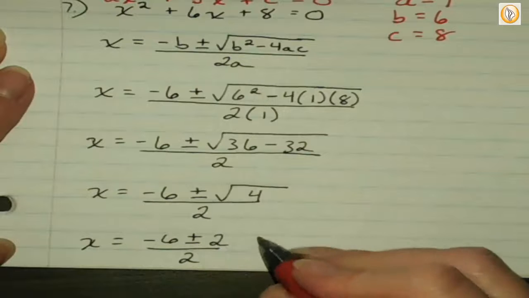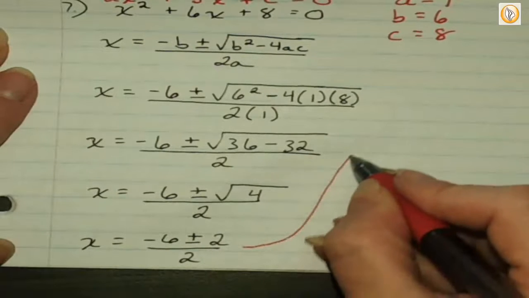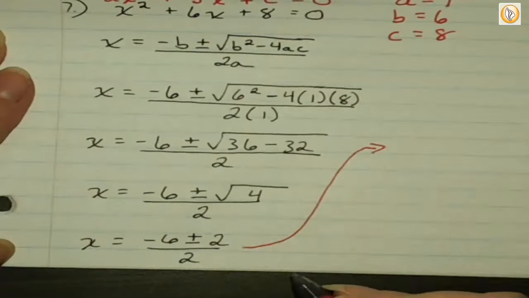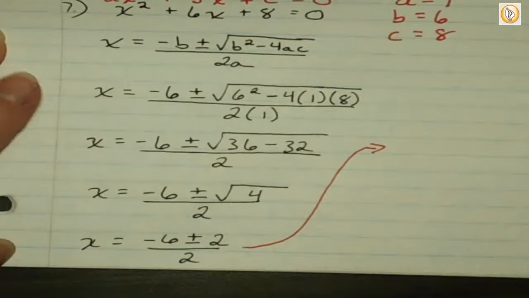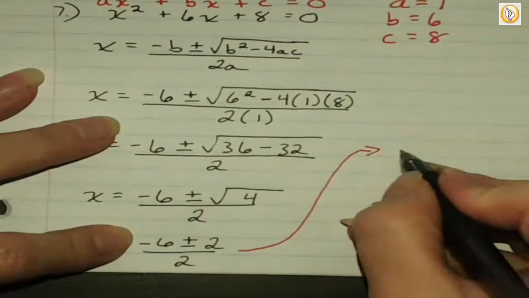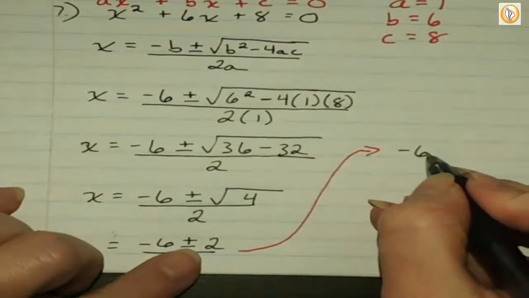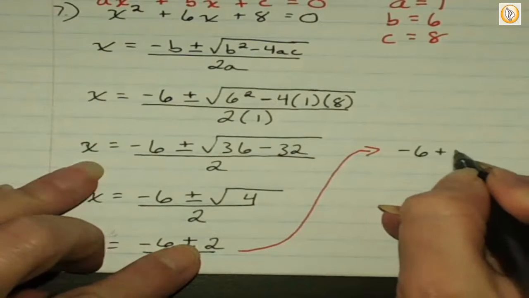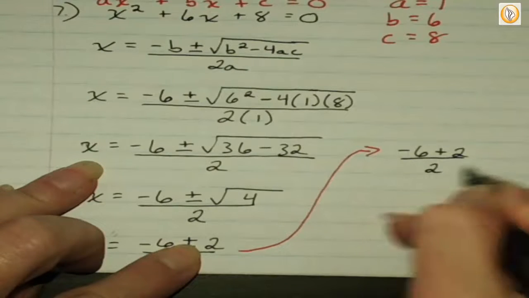Now, because of the plus and minus, I'm going to do negative 6 plus 2 divided by 2.